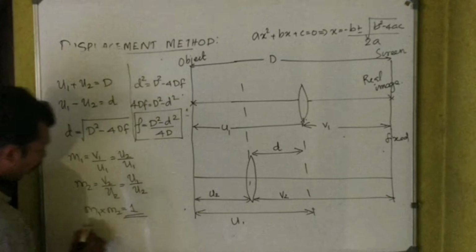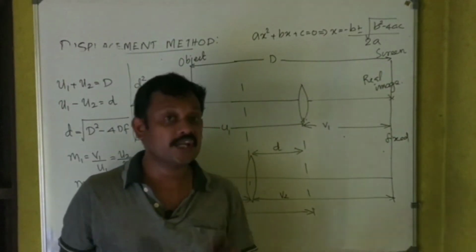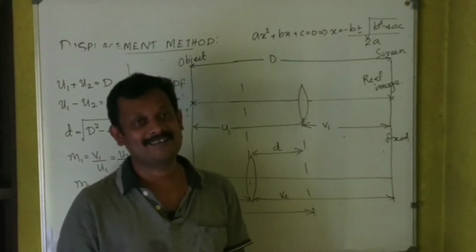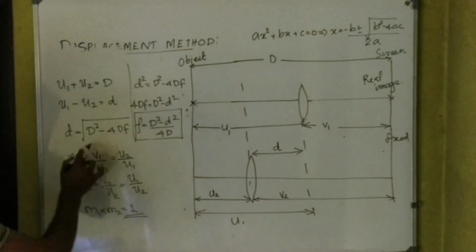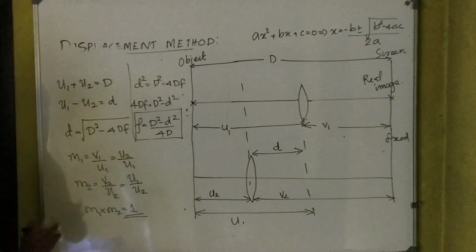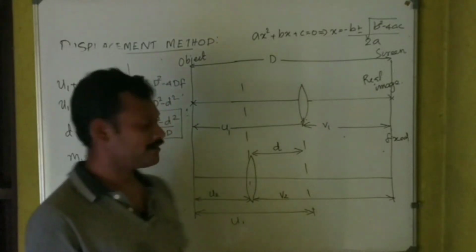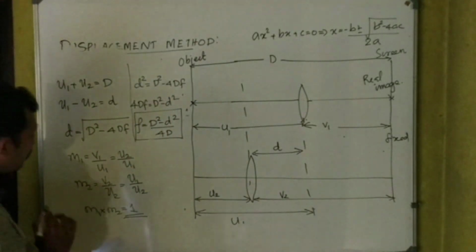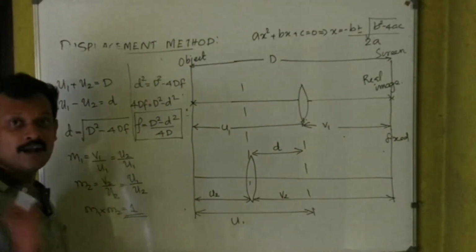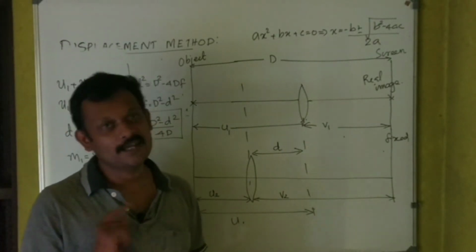The product of their magnifications in case of a fixed object and screen will be equal to 1. As you can see here, v1 is equal to u2, v2 is equal to u1. So the product of their magnifications is always going to be 1. So this also is an important point you have to understand. I hope this discussion of displacement method is clear to you.